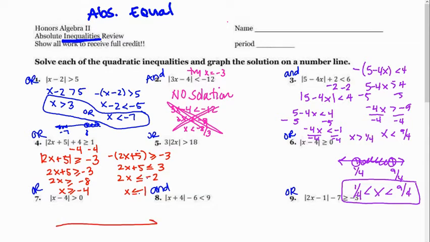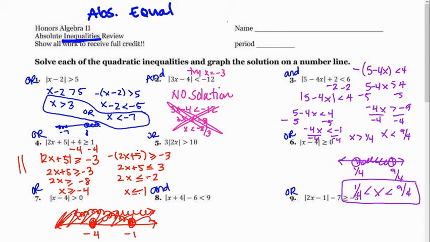So I'm going to draw this on my number line. I want all the x's this way, less than or equal to negative 1, but I want all the x's this way too. And notice when I have these overlaps in an "or," that stands for all of these.